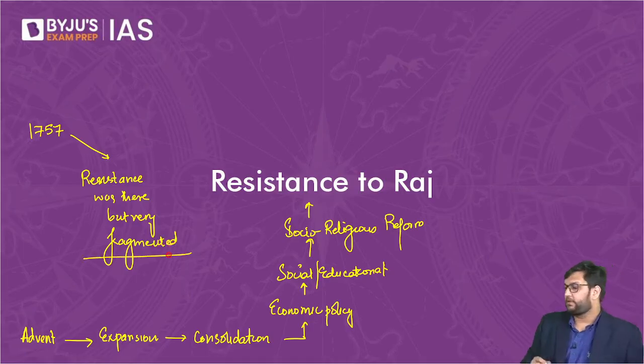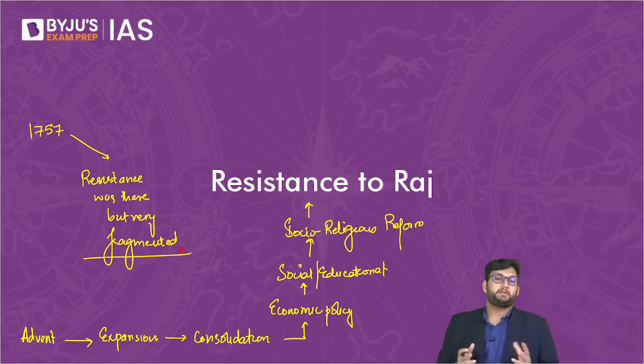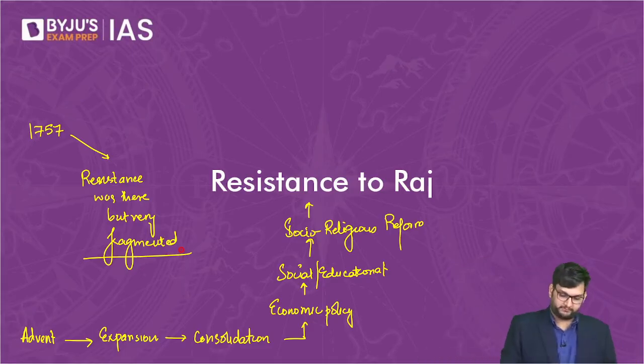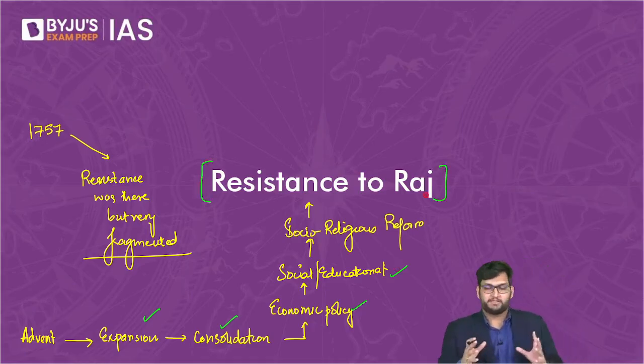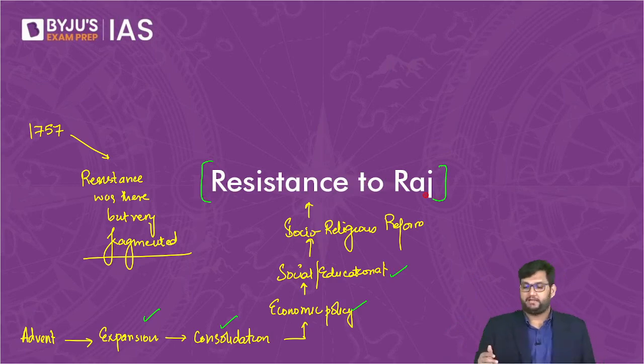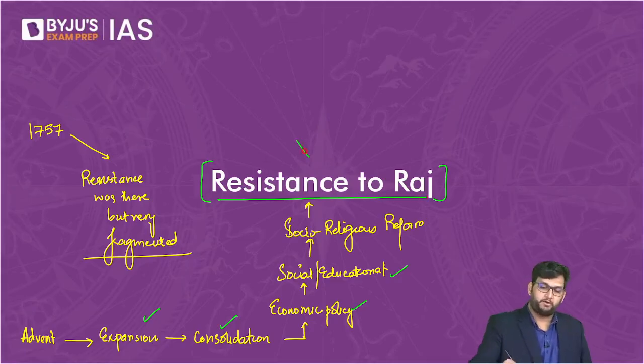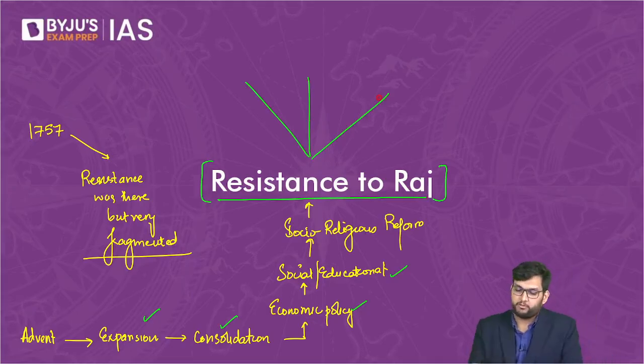A simple logic: if the British were following these different policies, was there any opposition to them? Was there any form of resistance to this act? And there was. Today we are consolidating all that resistance and trying to understand it, first in three forms, and thereafter tomorrow we will do the epitome of resistance, which is the 1857 revolt.